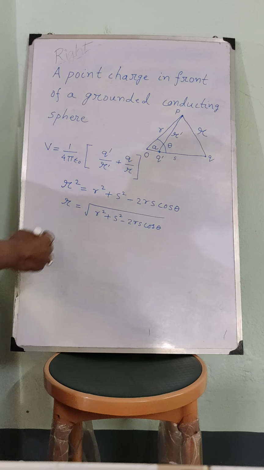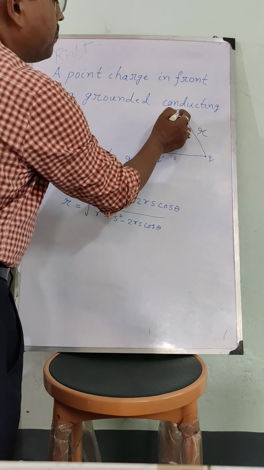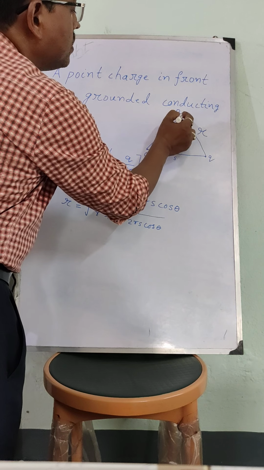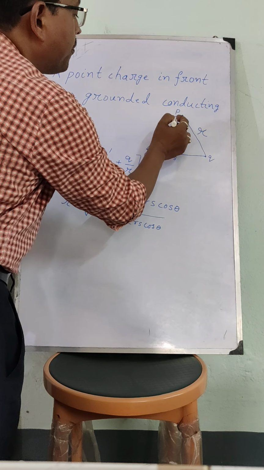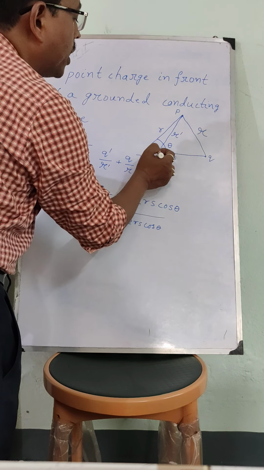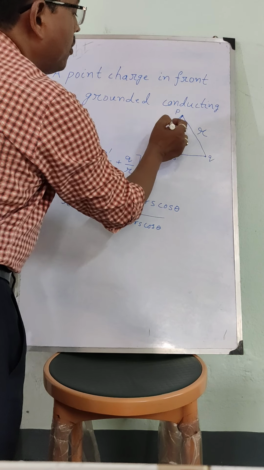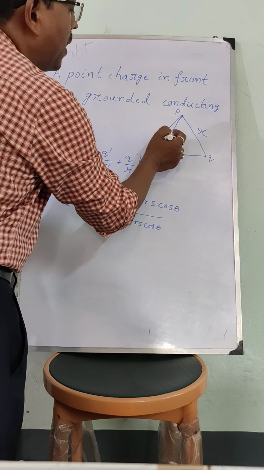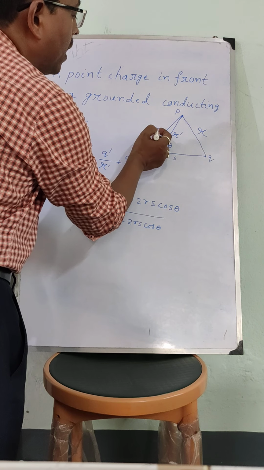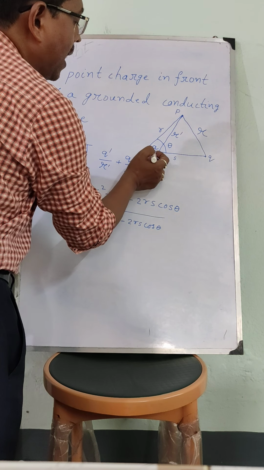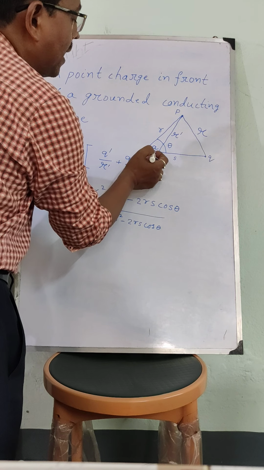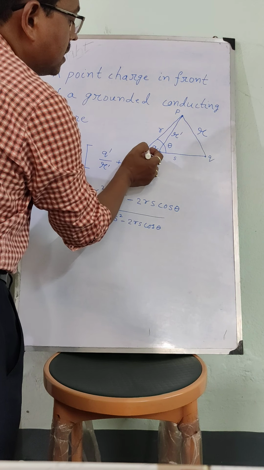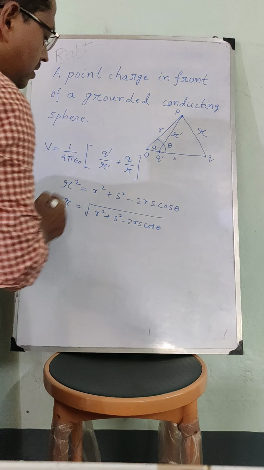Okay. Now, I will write r prime. Consider the small triangle POQ prime. So, r prime I can write as root over r square plus s square minus 2ra cos theta, because this angle is theta.